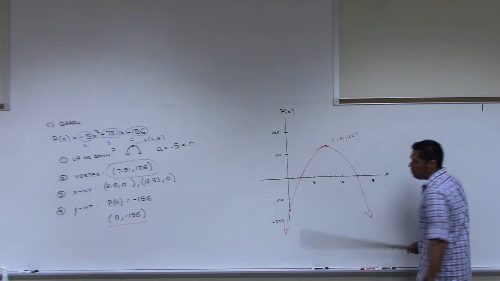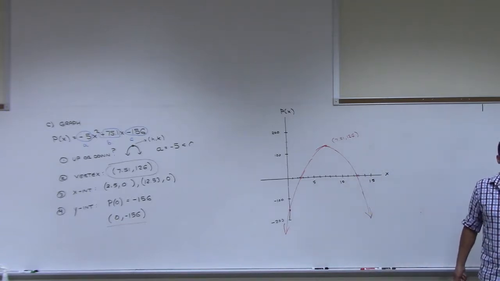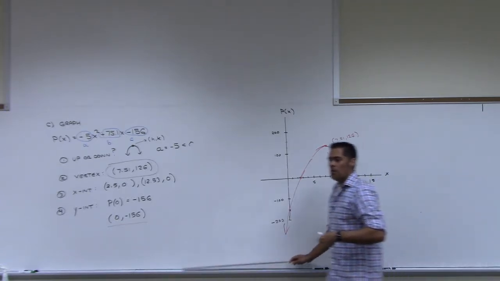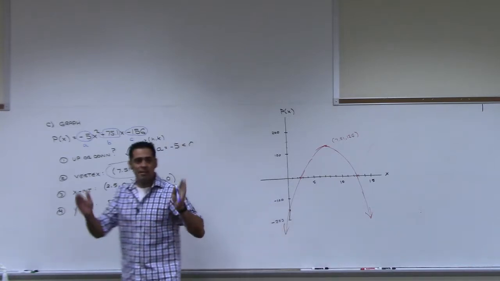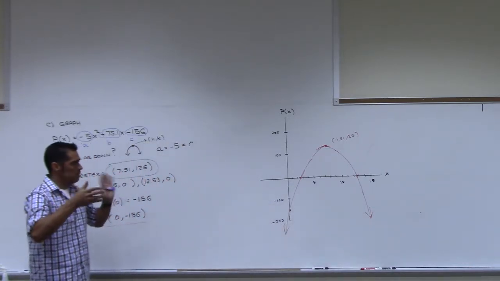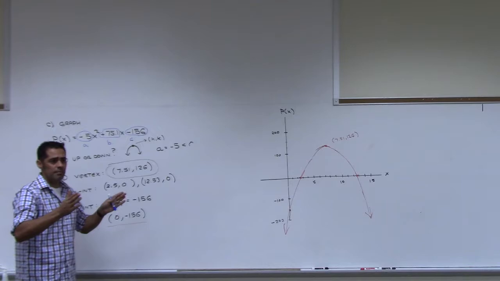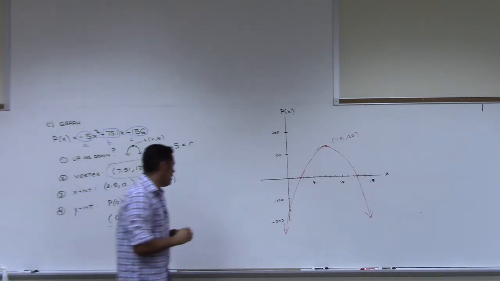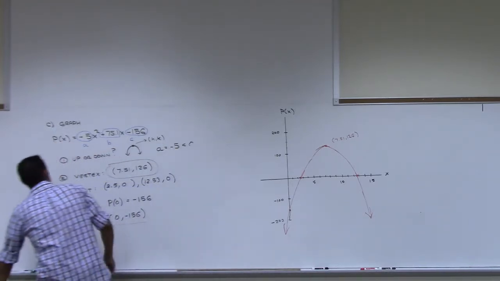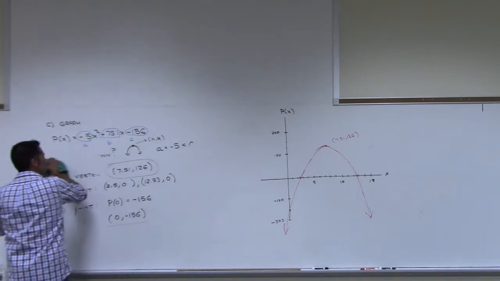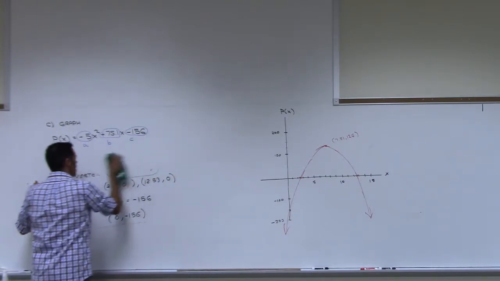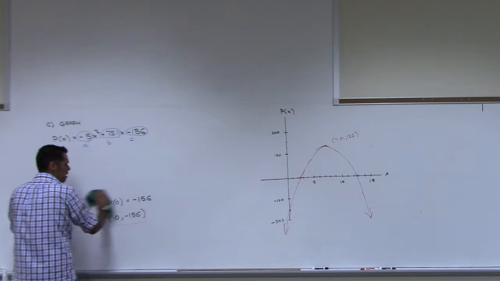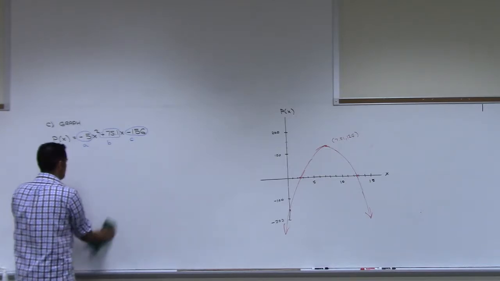Because the way I drew it right here, I have not taken into consideration the restrictions on x. X had to be between where and where? 1 and 15. Didn't it? So what I'm going to do now, this will be kind of my last step, is I'm going to figure out what is my profit at 1 and what is my profit at 15.